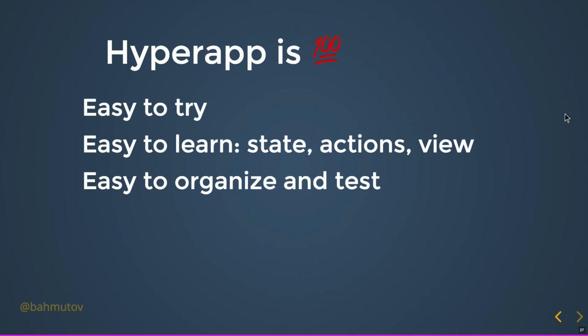Really good to organize and test my code, because everything is a pure function. Everything was separate, not dependent on anything else, and everything was plain function and object. I didn't need to import something from Hyperapp so I could change the state, because the state was just a pure function that takes arguments and produces something else. Even actions, right?